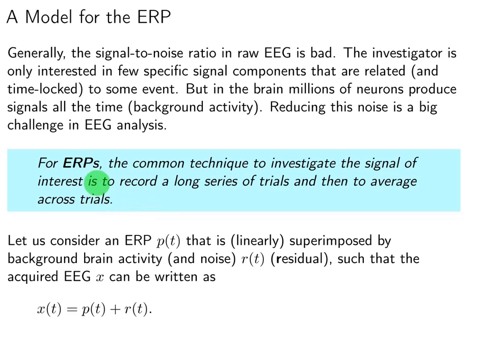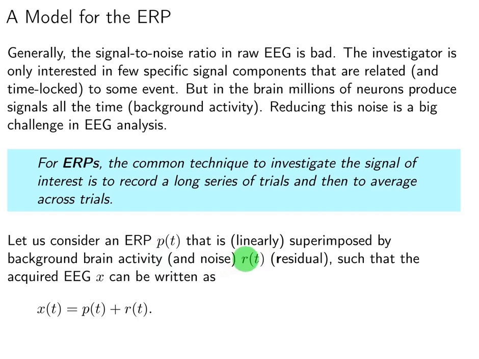One common technique in ERP is to acquire a lot of separate trials, or examples, of ERPs and then perform simple averaging. This can extract the signal components that are related to the event we are interested in. Let's consider an ERP model. Let's call the ERP P of T, the potential at time T, that is superimposed linearly by background brain activity.